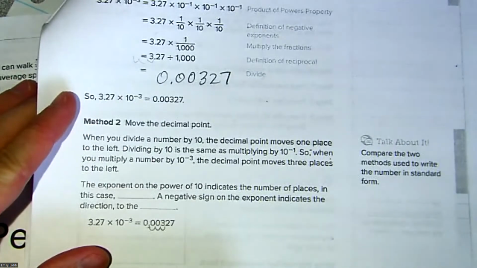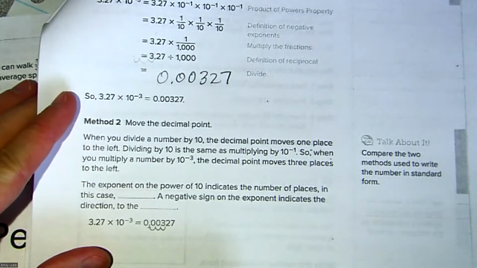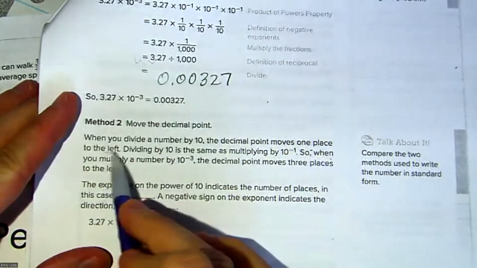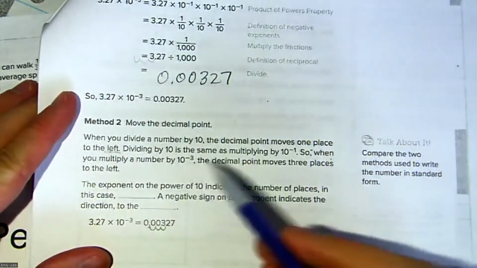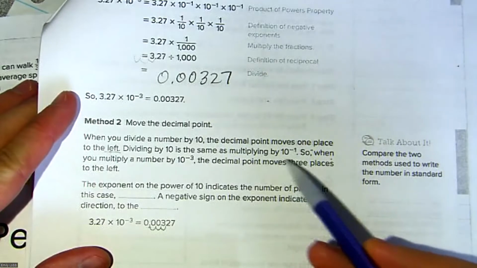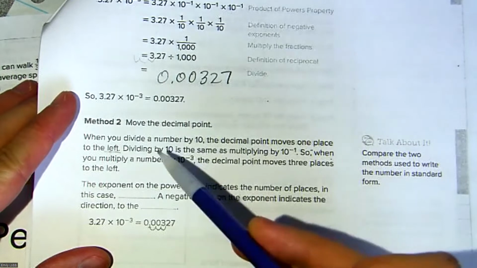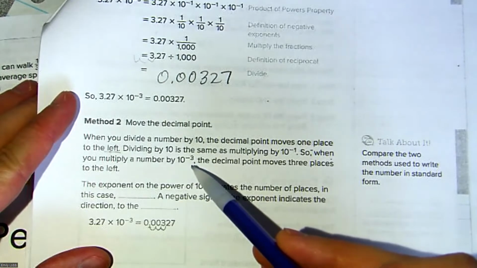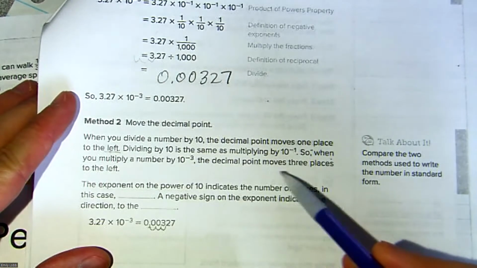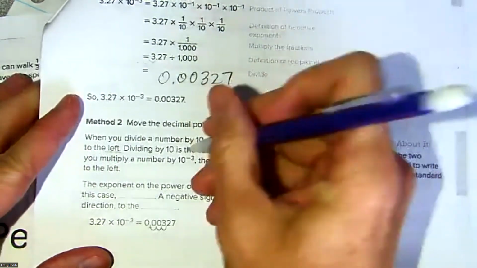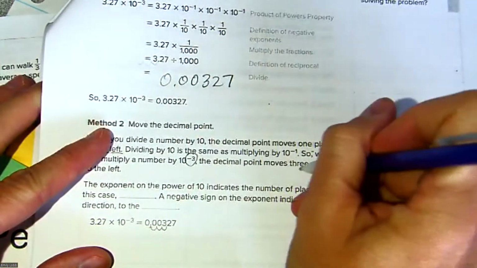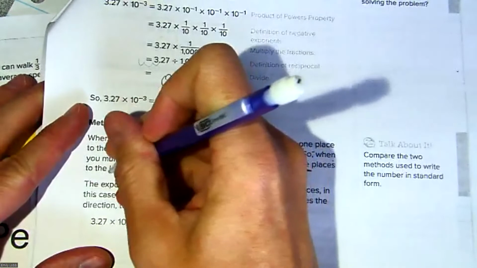When you divide a number by 10, the decimal point moves 1 place to the left. So dividing by 10 is the same as multiplying by 10 to the -1st. So when you multiply a number by 10 to the -3, the decimal moves 3 places to the left. So -3 means 3 places to the left.